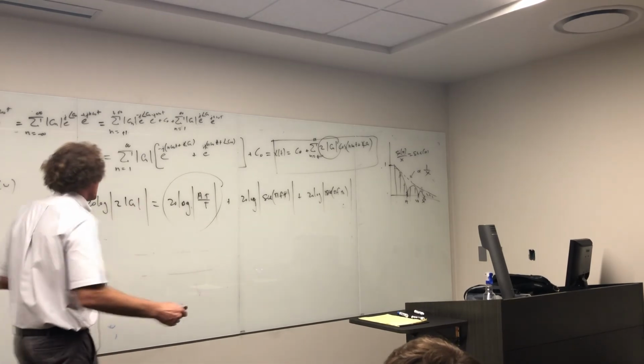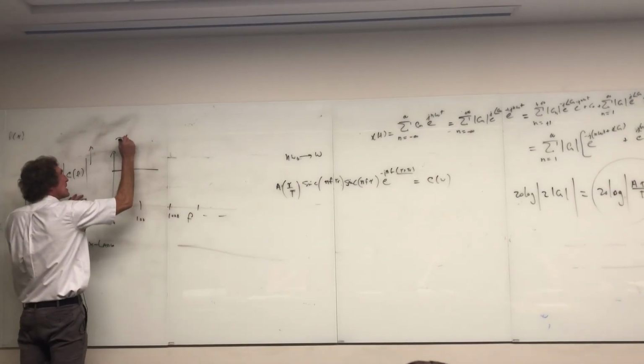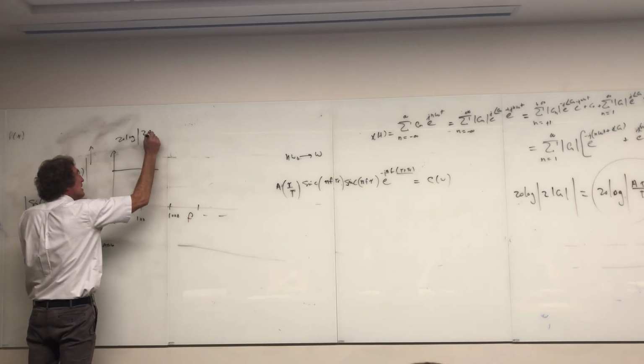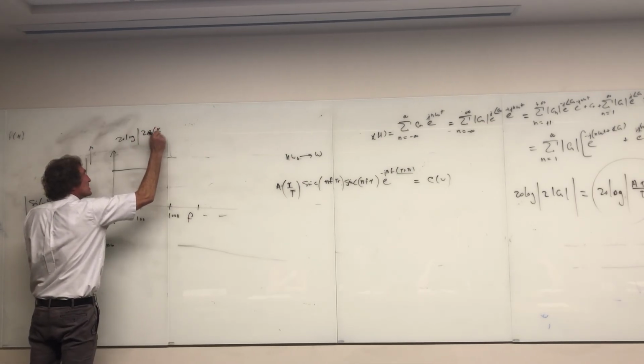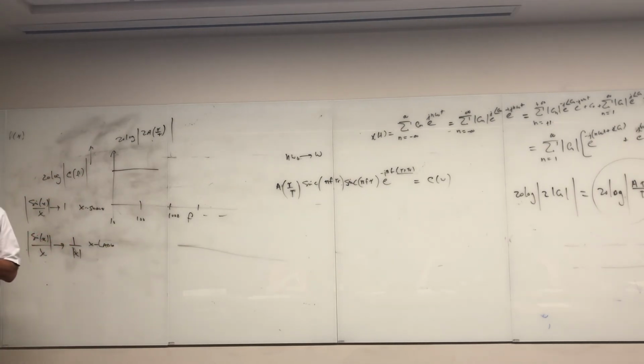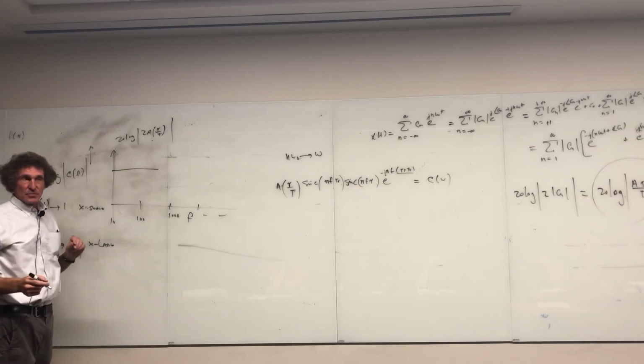So the value that you always come in at is 20 times the log of the magnitude of 2A times tau over T. By the way, tau over T is the duty cycle. And a 50% duty cycle would just be 20 log of A.